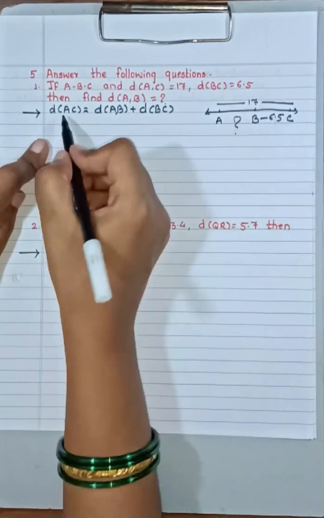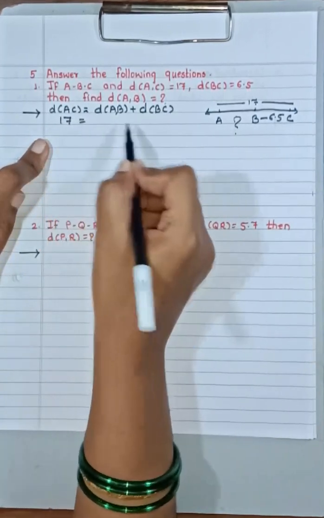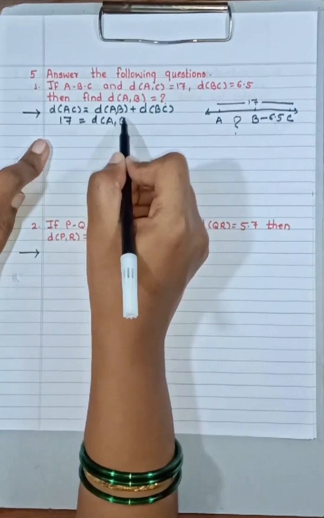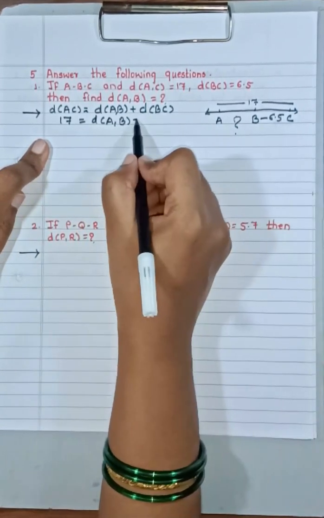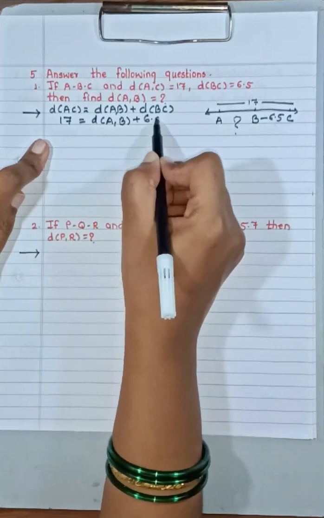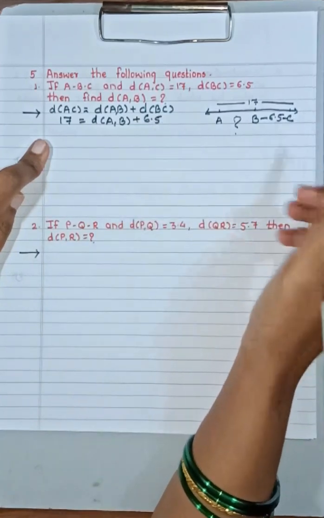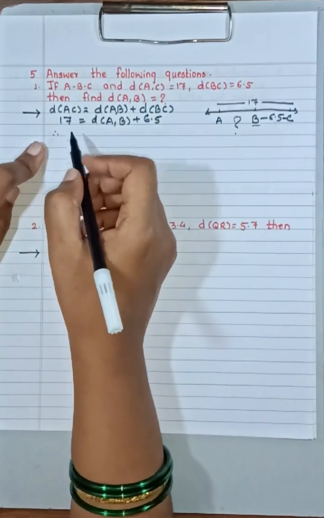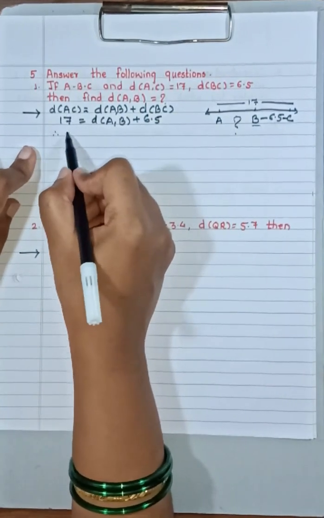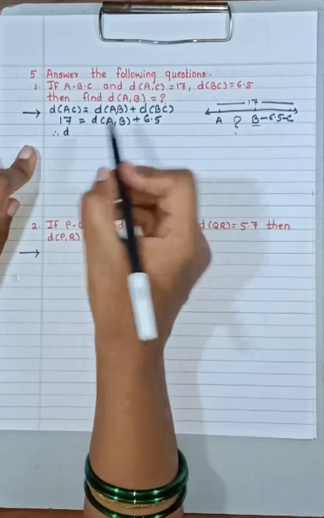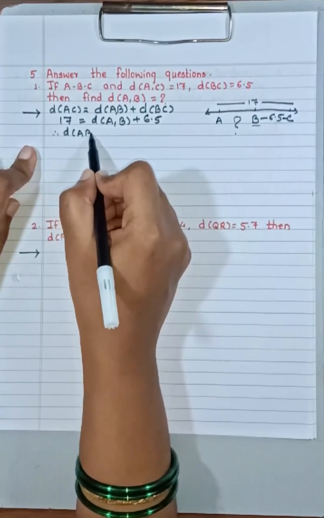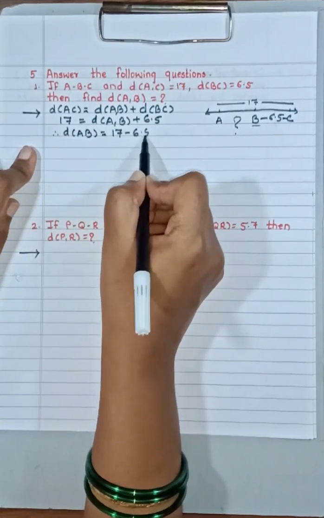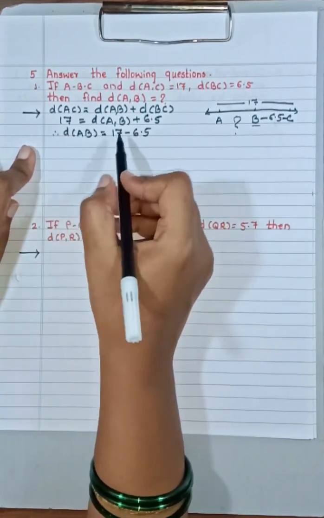Now how much is AC? AC is 17. Distance AB you have to find out. Distance BC is 6.5. Therefore, you can write down here distance AB is equal to 17 minus 6.5. Okay, that is how much?